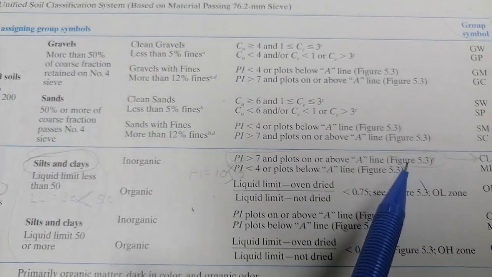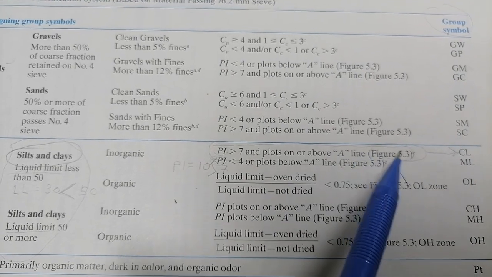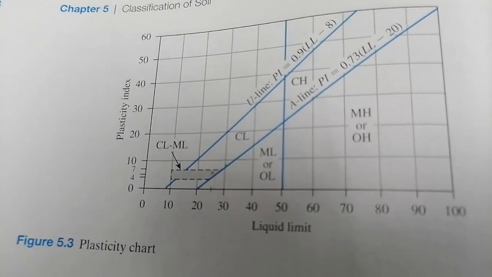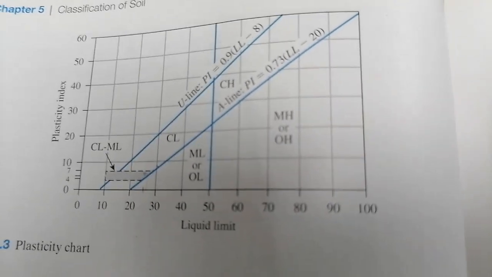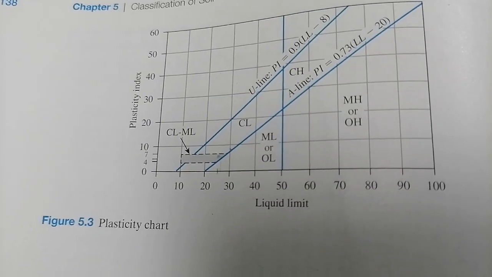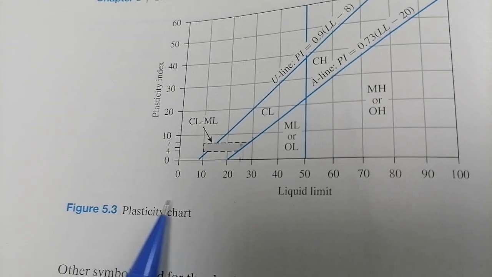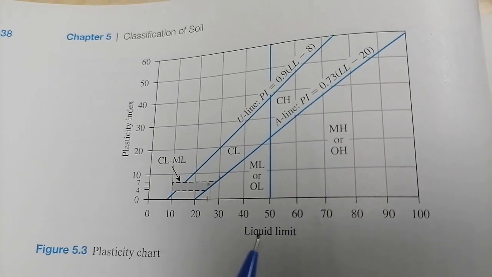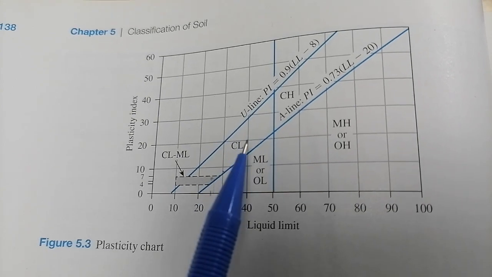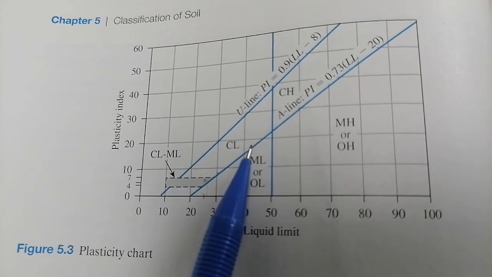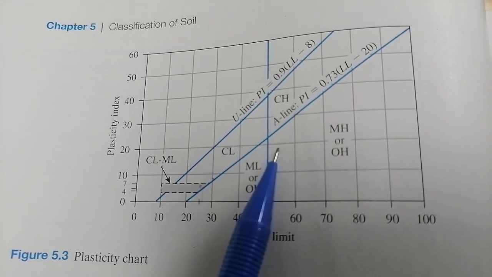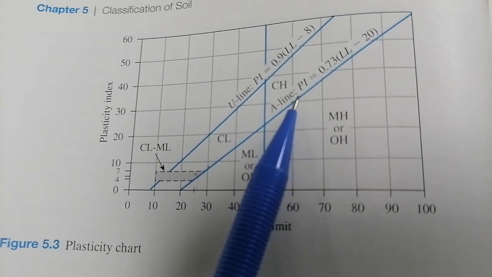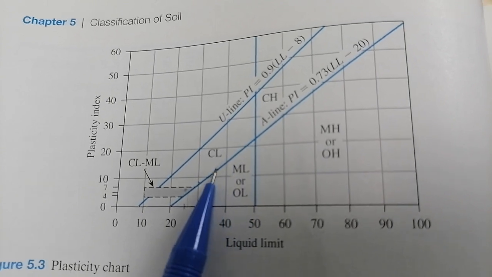So now let's go to figure 5.3 to double check. Right guys, so this is figure 5.3, which is the plasticity chart. Okay, jom kita tengok sama ada kita punya point, is it below A line or above A line? Mana A line? So this is the A line. This is the blue one, the A line.